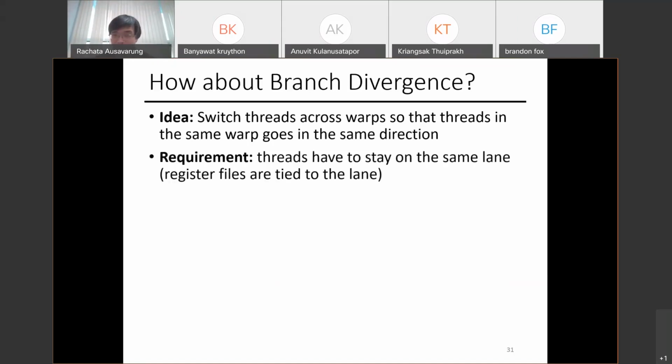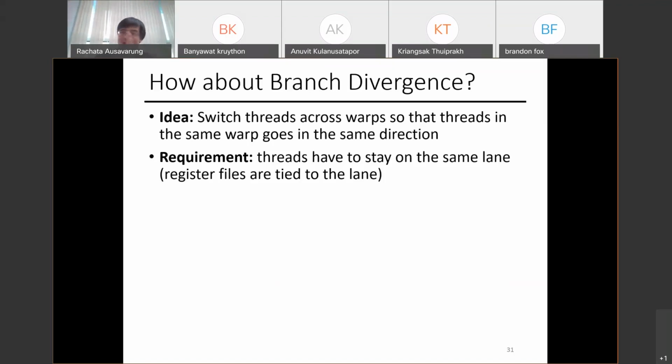And the requirement is you need to manage how you use the register files a little bit, because remember the lane that we mentioned, the execution unit that has the first, second, third thing for the threads in a warp. They have to stay on the same lane because the register file is tied to the lane.